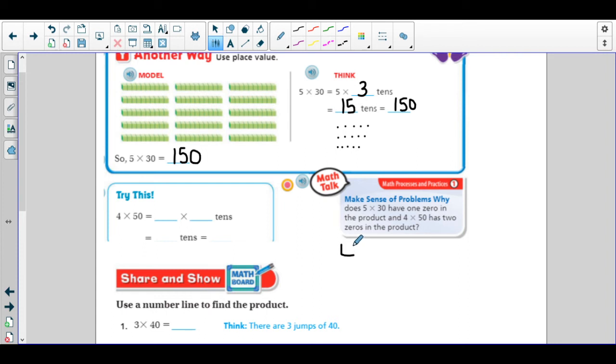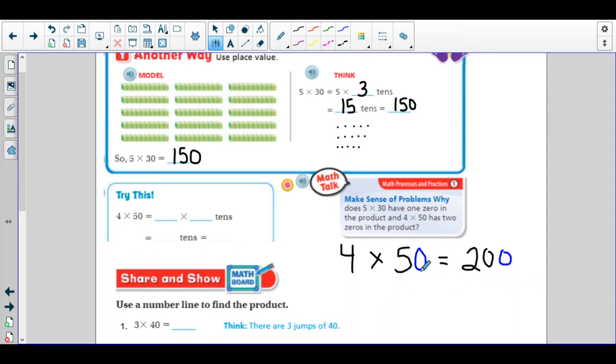What is 4 times 5? 4 times 5 is 20. So, what would 4 times 50 be? I've added a 0 and I've added a 0.